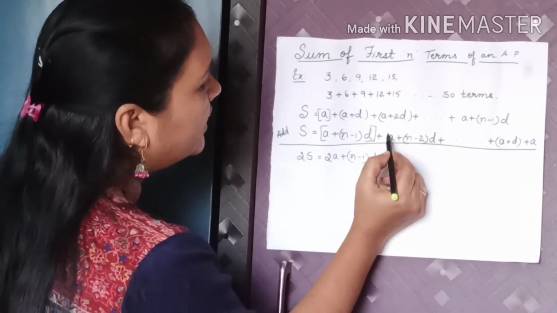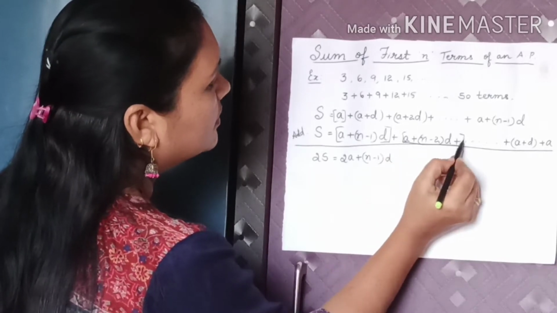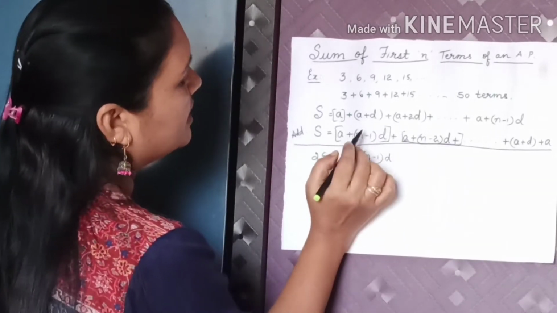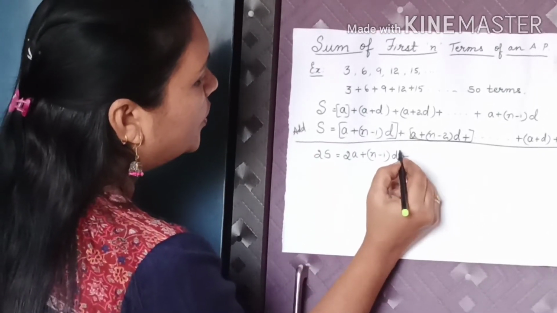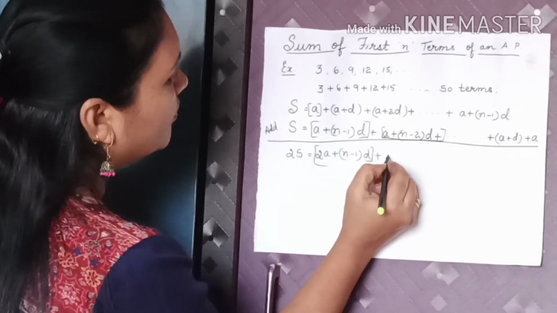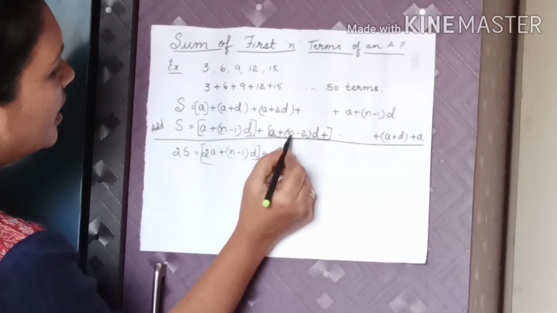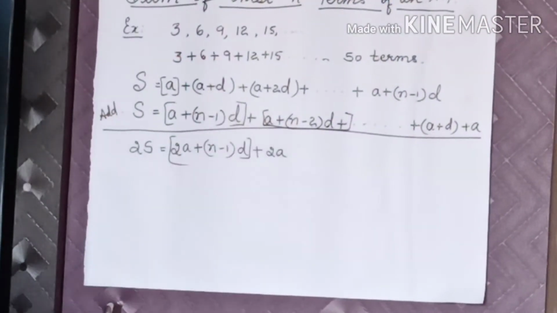Then we add the second term, a plus (n minus 2) into d plus a plus d. So a plus a, 2a, then (n minus 2) into d, and here a plus d is there.